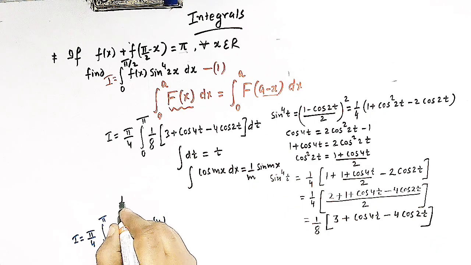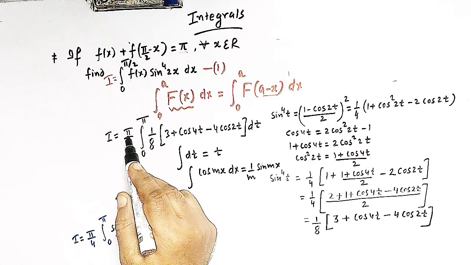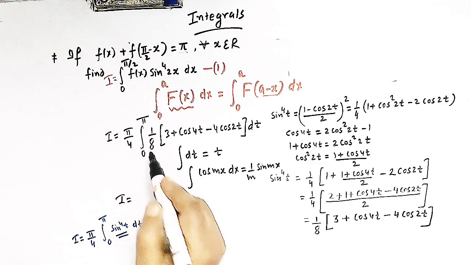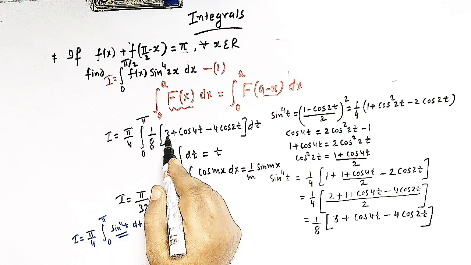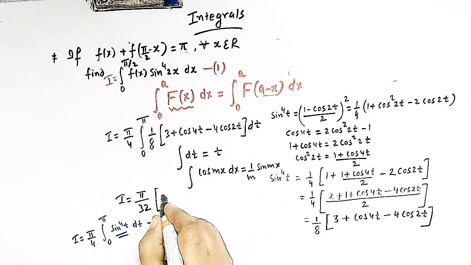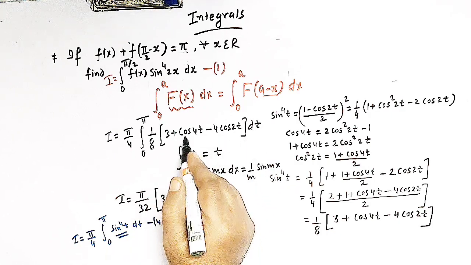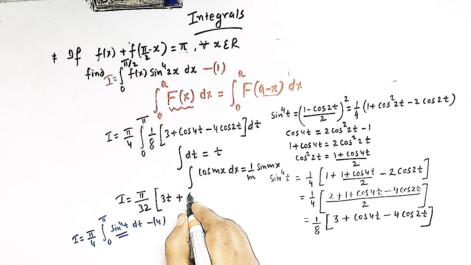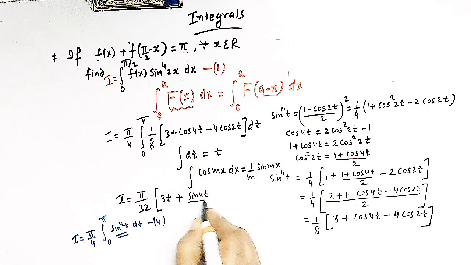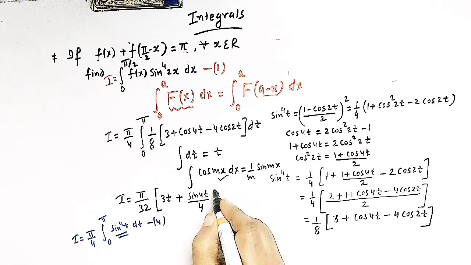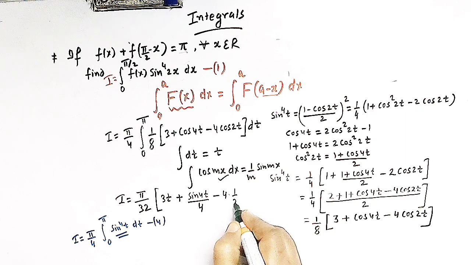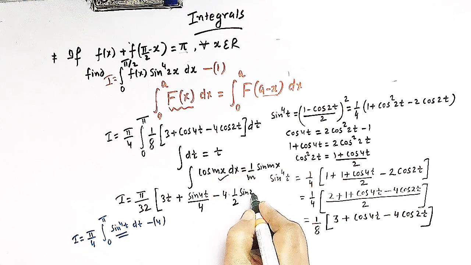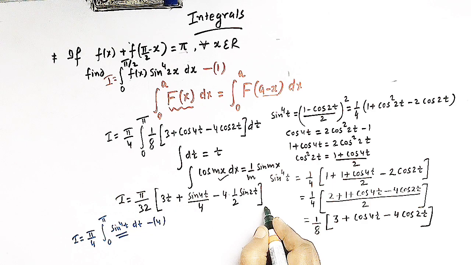So now we can write I is equal to, here 4 and 8 can be multiplied, so we have pi over 32, and then the integral of 3 dt is simply 3t. The integral of cos 4t is sin 4t divided by 4 due to this result, and then we have minus 4 times 1 over 2 and sin 2t, and the limits of integration are from 0 to pi.